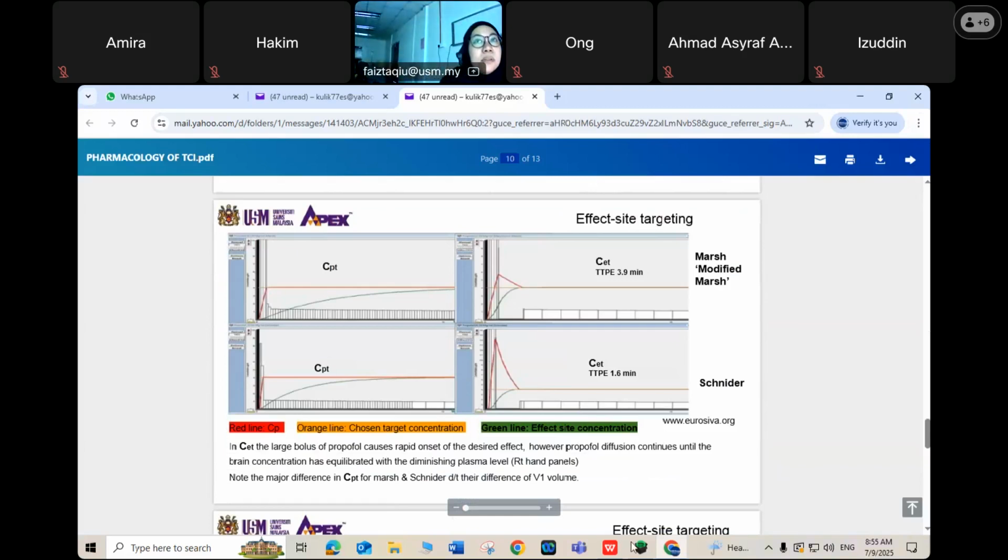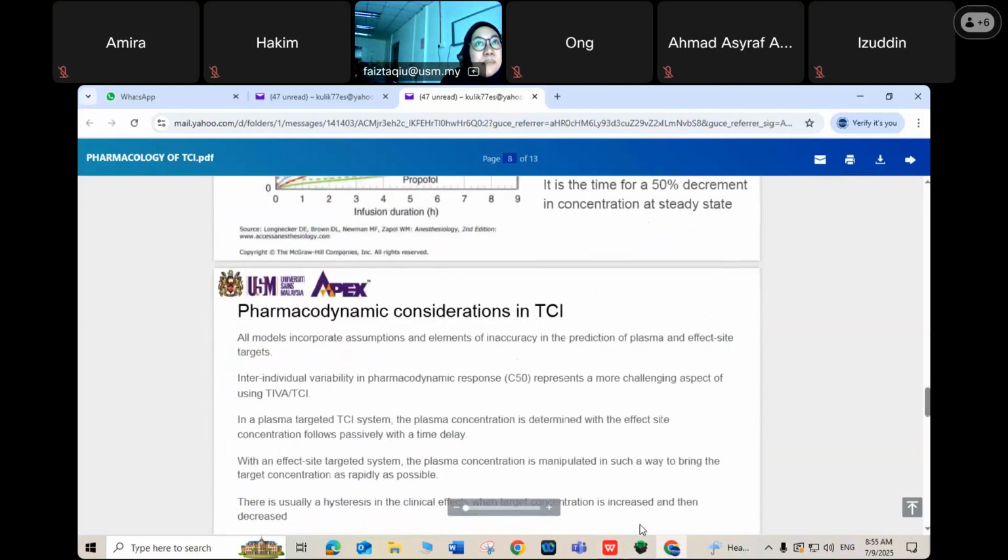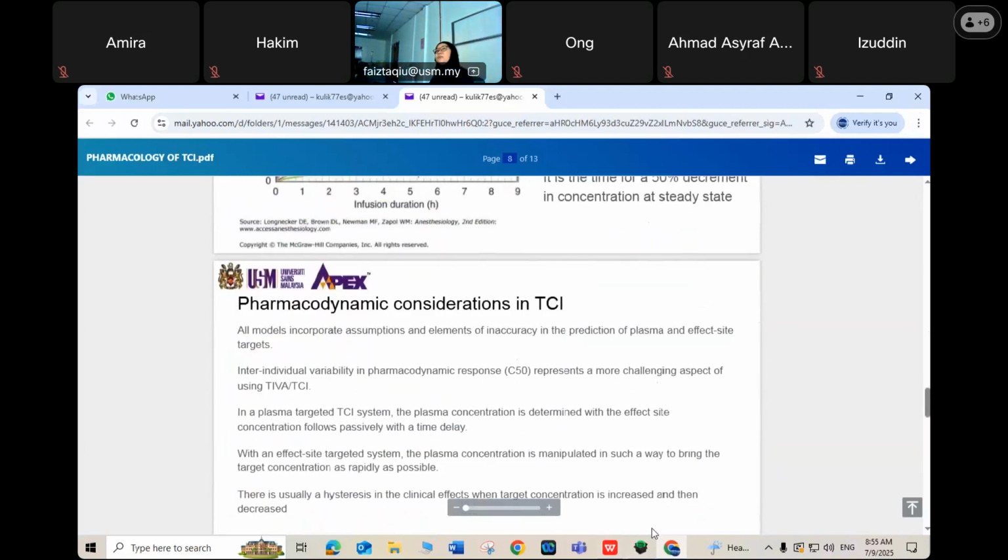So, tadi balik kepada, okay, pharmacodynamic considerations. Okay, what should we consider in terms of pharmacodynamics when we use TCI? So macam biasalah kan, it's just assumption. Mathematical calculation. So, there is an element of inaccuracy.